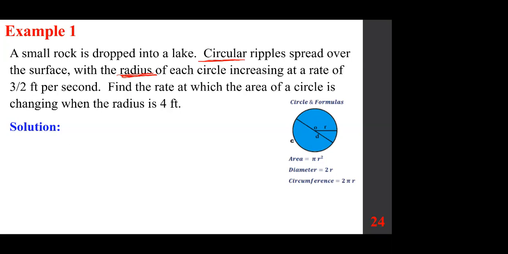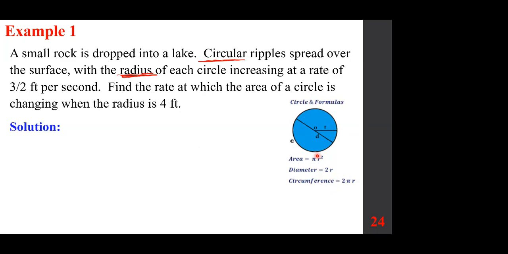So area of a circle is pi r squared. Diameter d equals 2r, circumference is 2 pi r. Those are some examples. I hope everybody's comfortable with those. Again, piece of information from geometry you're supposed to know. I just went over that.